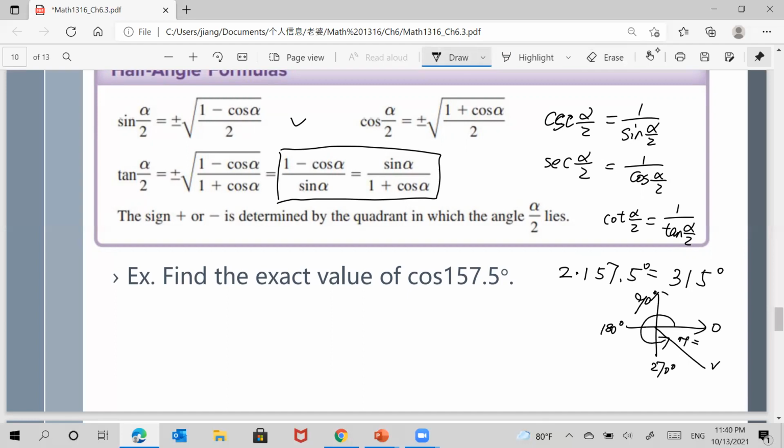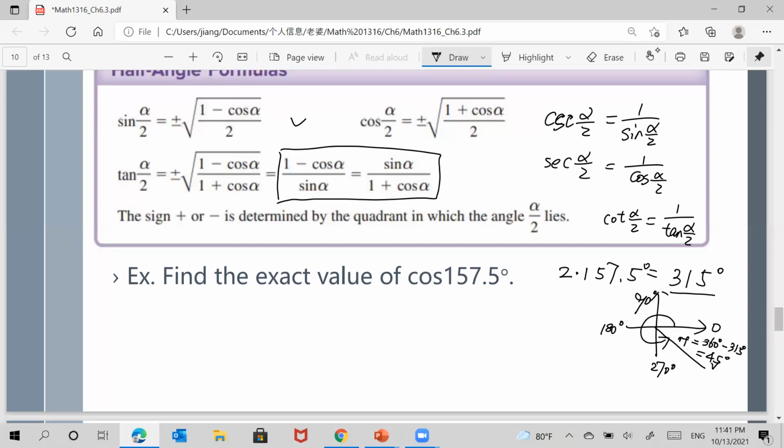That equals 360 degrees minus 315. That's 45 degrees. So 45 degrees is a special angle. We can easily find the trig values. So right now we have learned that when we double 157.5, that's 315 degrees, and its reference angle is 45.